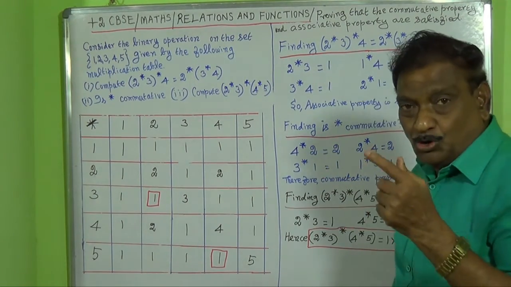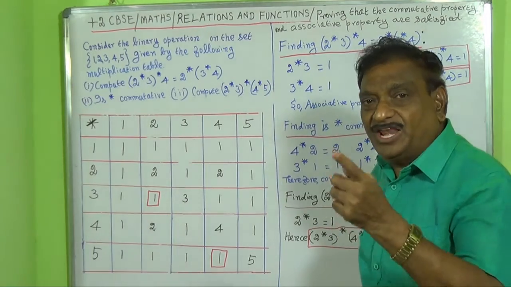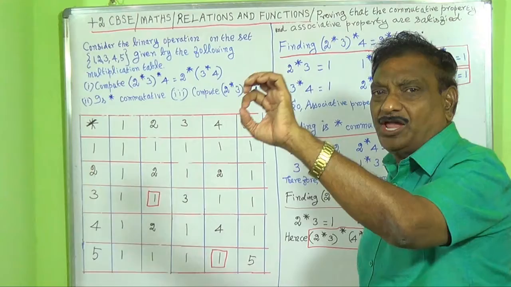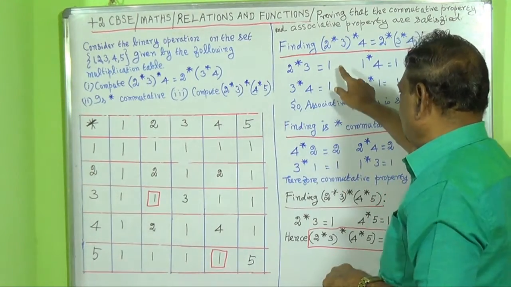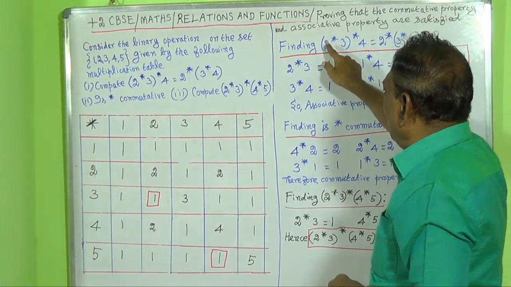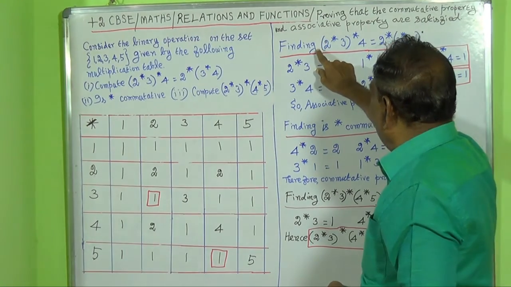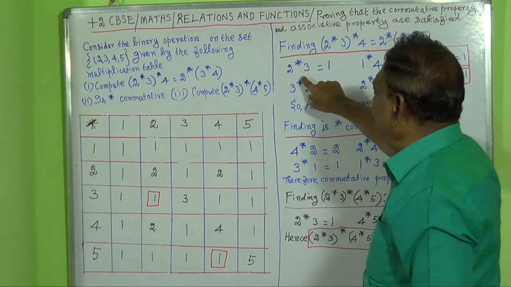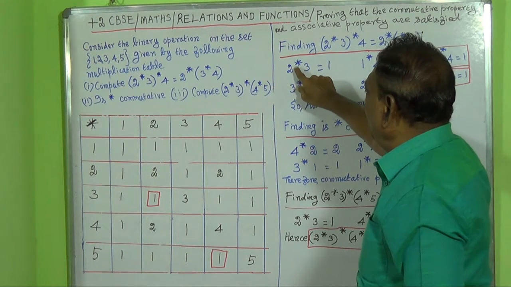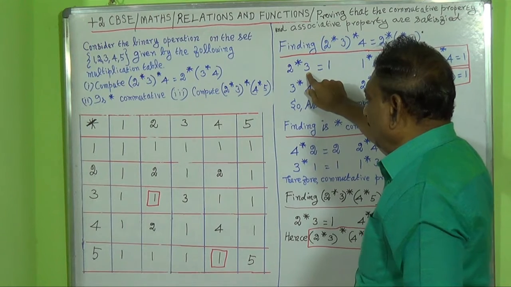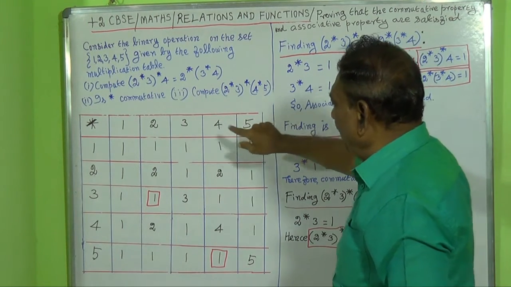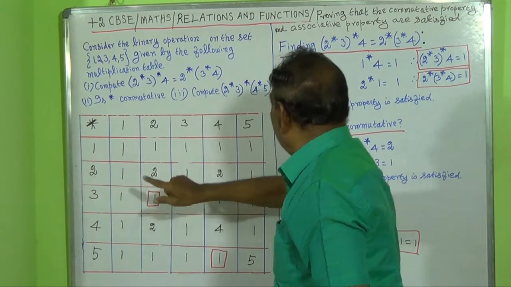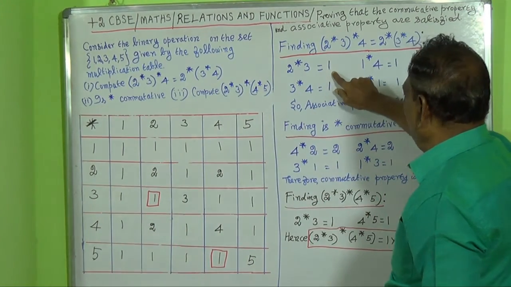As I already told, we should find the result for the numbers contained within the parenthesis. Here the parenthesis is between 2 and 3, so we find 2 * 3. 2 * 3 is 1, so that result is written here.